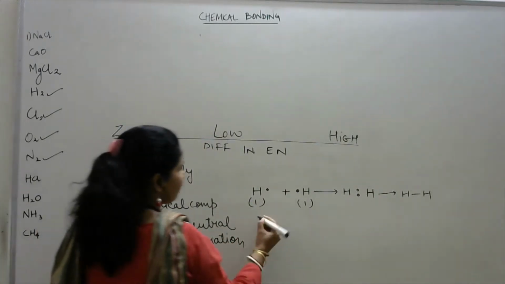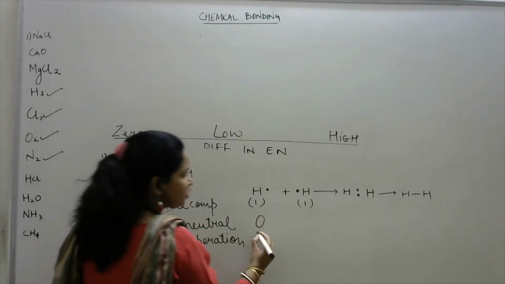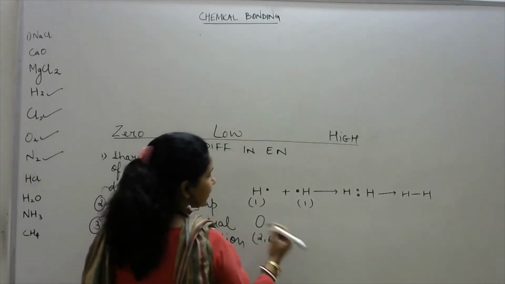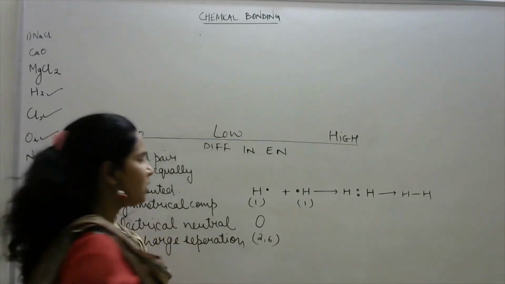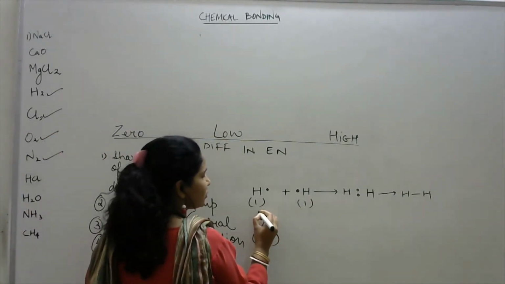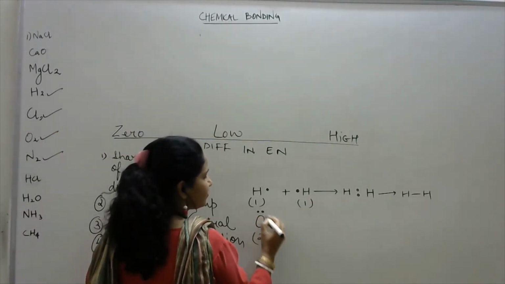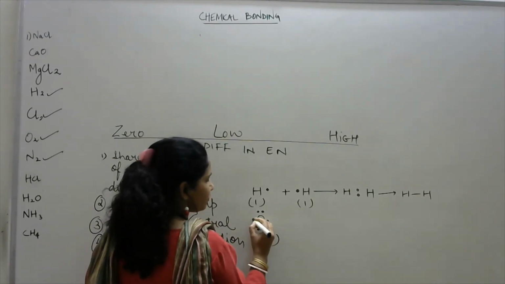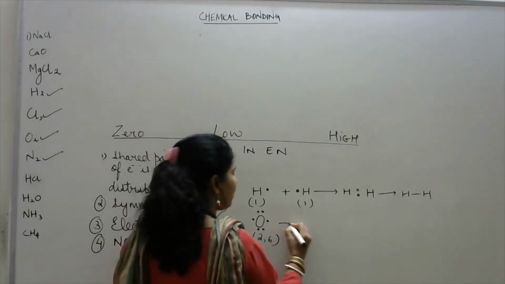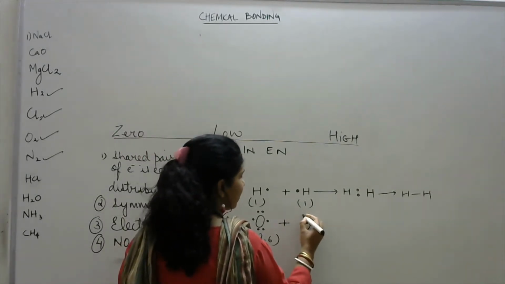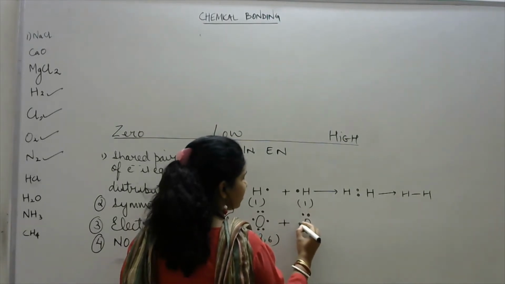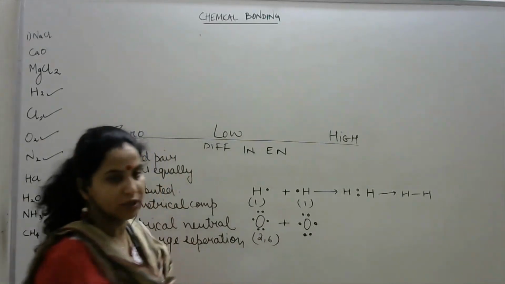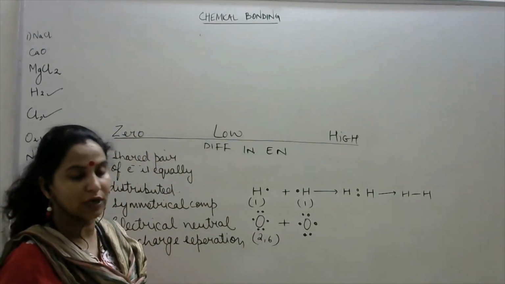Now, if I go for oxygen, oxygen has electronic configuration 2, 6. That means in its outermost orbit, it has 6 electrons. It combines with another oxygen atom having 6 electrons in its outermost orbit. Now, to complete its octet, it needs 2 more electrons.